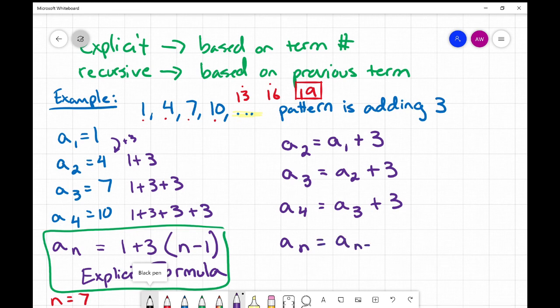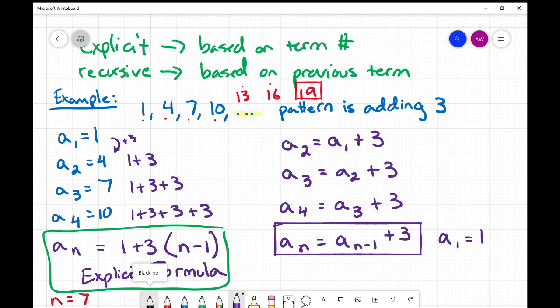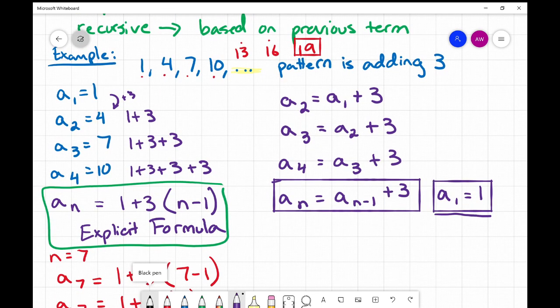So we would just say n minus 1 to get 1 back and add 3. So that is how you would find a sub n. But we also need to note that our first number where we start is 1. So knowing that we started at 1, we would be able to follow along in this pattern until we got to whatever n it was.